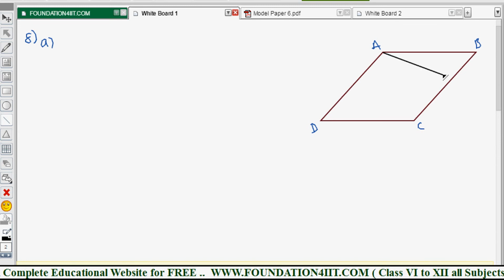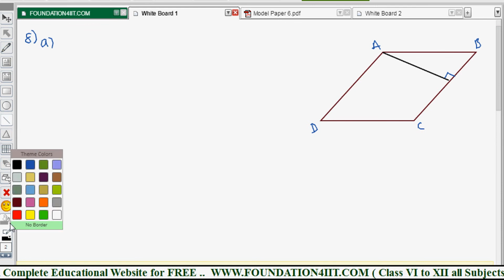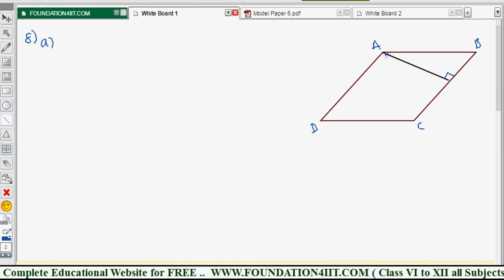It should be perpendicular. So this is a perpendicular line, and again from A to the base CD, this is one more perpendicular. Now let us see the given data and we'll solve this problem simply.